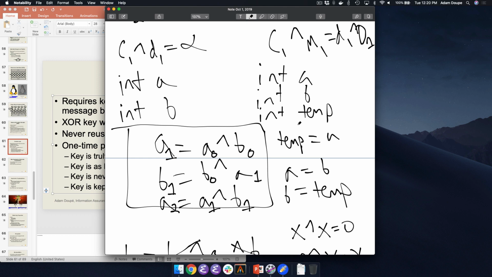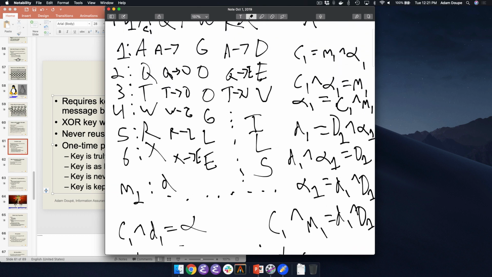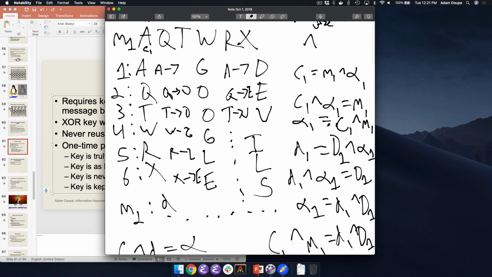Yeah. So, as you mentioned, from that first equation, when alpha equals the cipher text times the plain text. Not times, XOR. In that case, you would have to know the plain text and the cipher text. Well, you have the cipher text, you don't have the plain text.